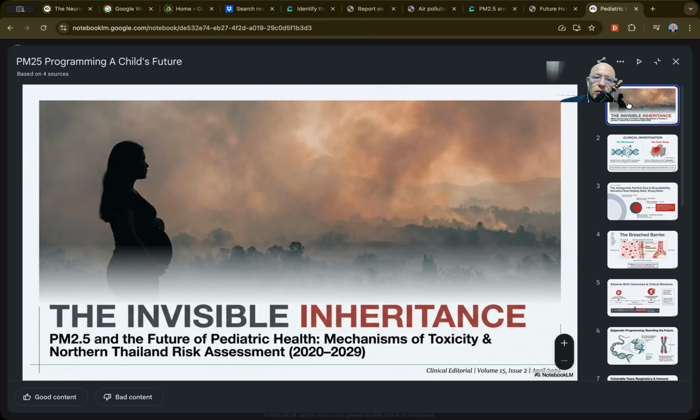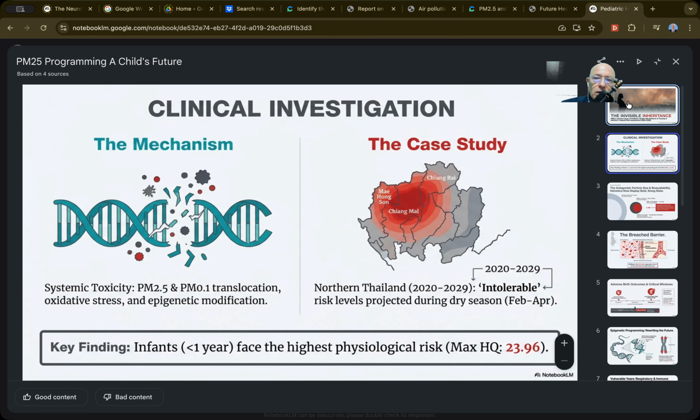Invisible inheritance, pediatrics and pediatric health, northern Thailand. Okay, that is beautiful. And if you shared this in a classroom, the font is well developed and could be seen from the entire room.